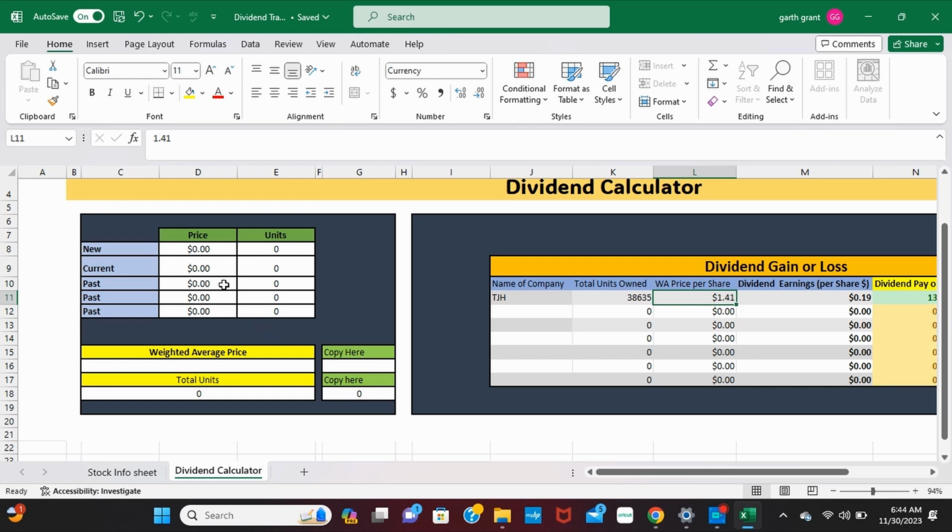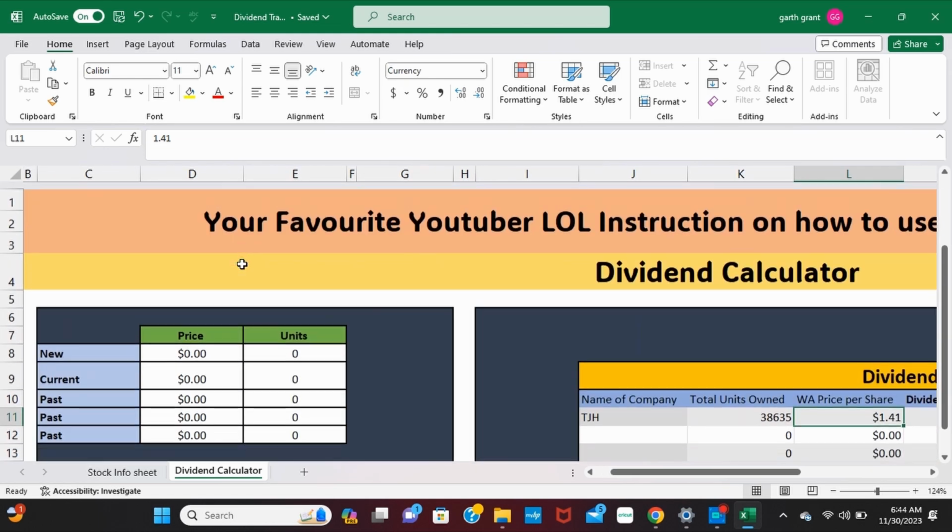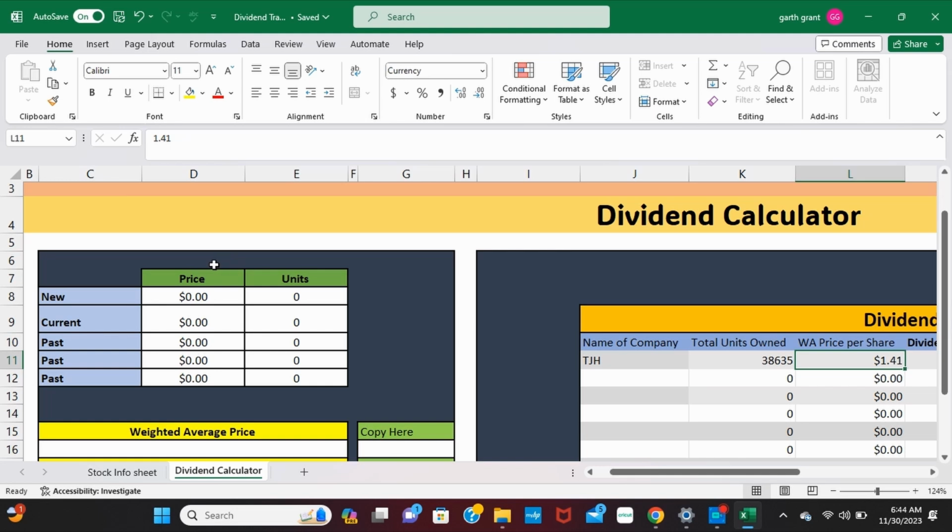Yeah. So this part now, where you see it has the show new current rate, this essentially is for when you buy the shares over a particular period.